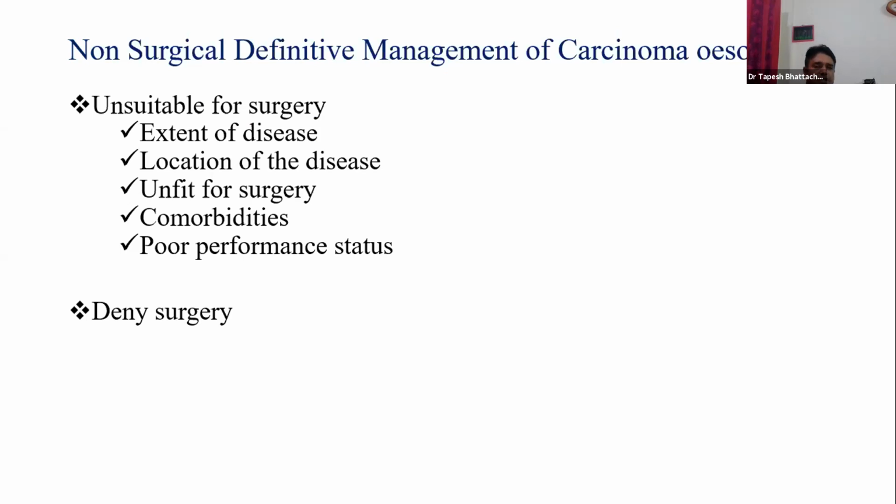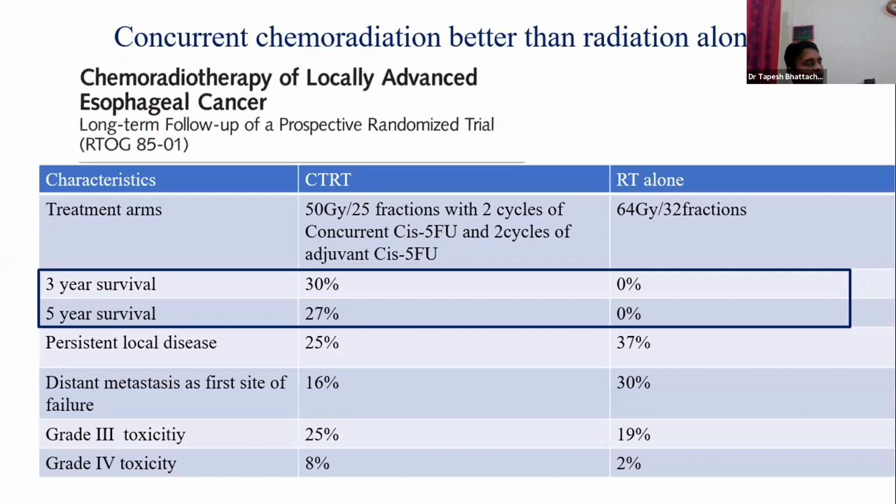When the surgeon says this case is unsuitable for surgery, maybe due to the extent of the disease, location of the disease, the patient is not fit for surgery due to comorbidities, performance status, or the patient is denying surgery, then definitive non-surgical management is the option. What is the option? You have radiotherapy alone, you have concurrent chemoradiation. So let's look at that.